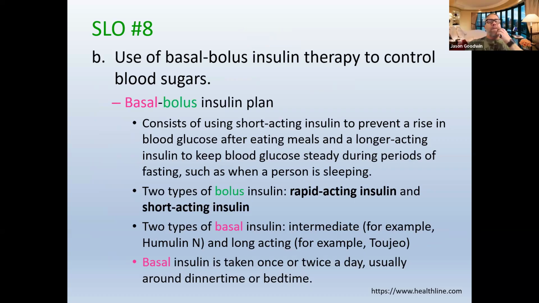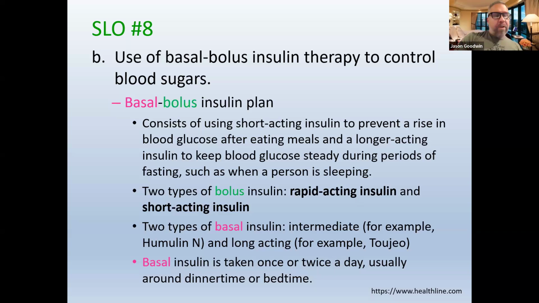Okay, so the use of basal and bolus insulin therapy to control blood sugars. All right, so the use of short-acting insulin to prevent a rise in blood glucose after eating meals and the addition of long acting, as we were just talking about, can help you keep a more steady blood glucose level. So what we do is we have what's called basal insulin.